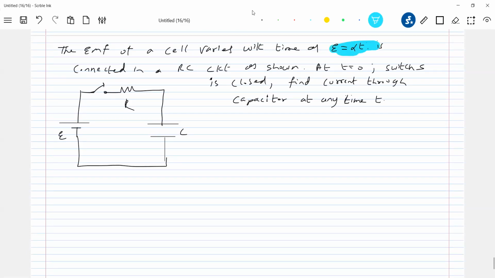So now slowly you try to pick up problems where the EMF of the cell varies with time, the resistance varies with time, the capacitance varies with time. Then how does the charging of the capacitor go on? So let's take the circuit here.